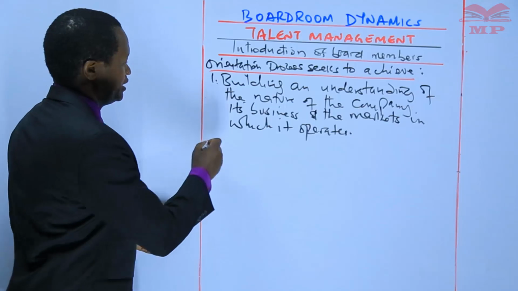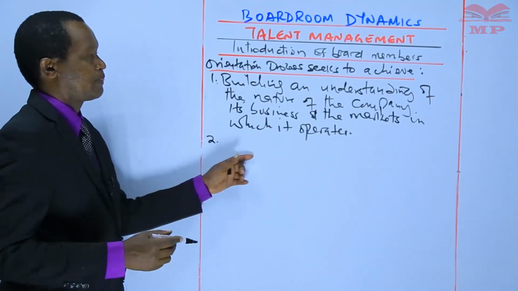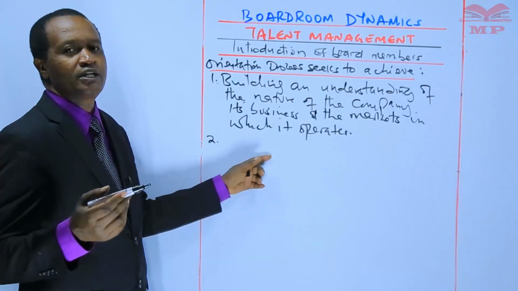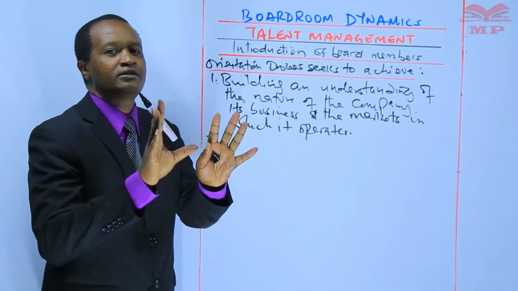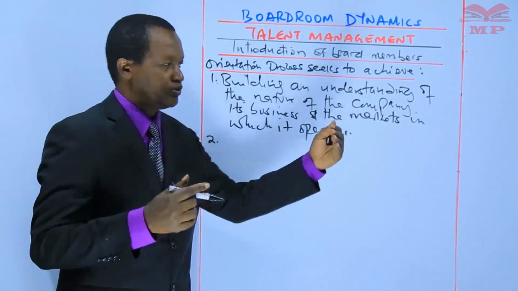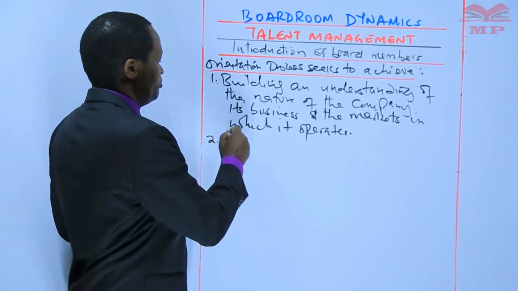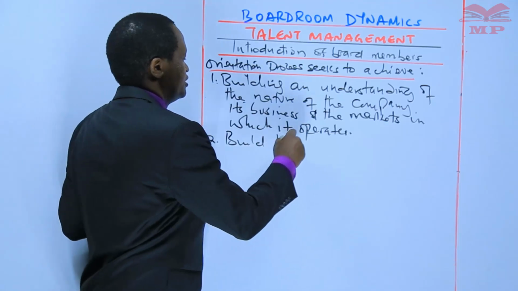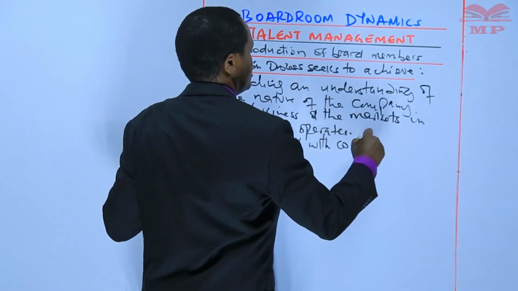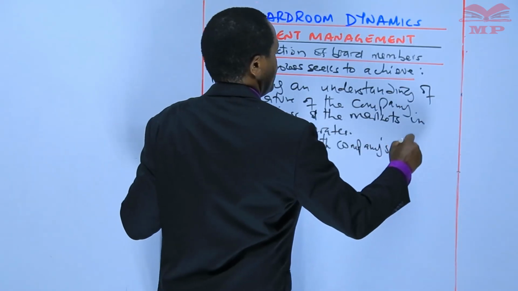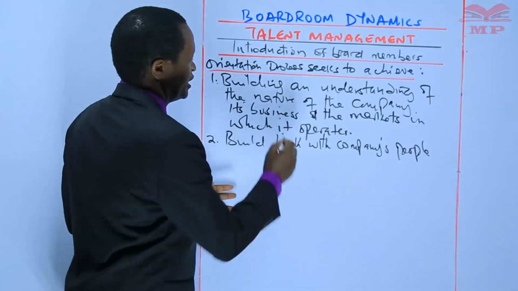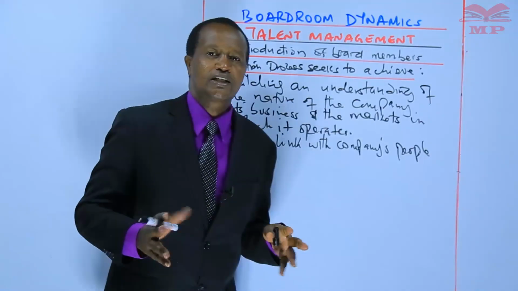The second thing that introduction of a board member seeks to achieve is the link with the company's people. When introducing a new member, that new member should be helped to understand the link.